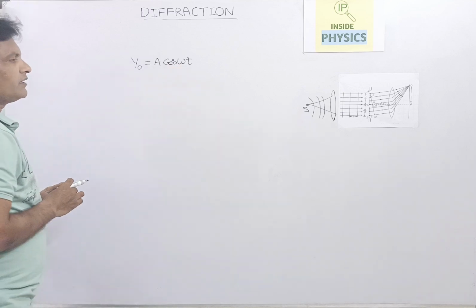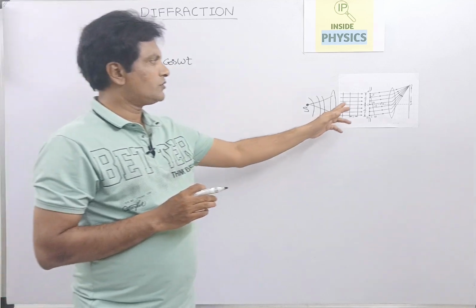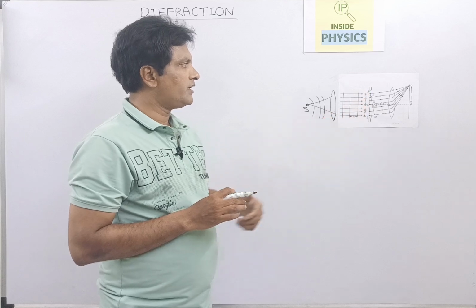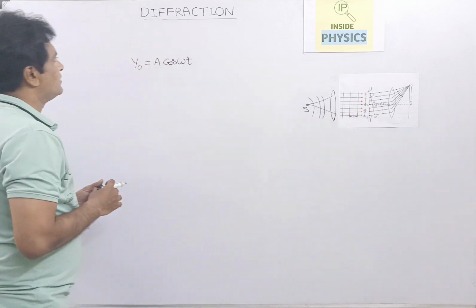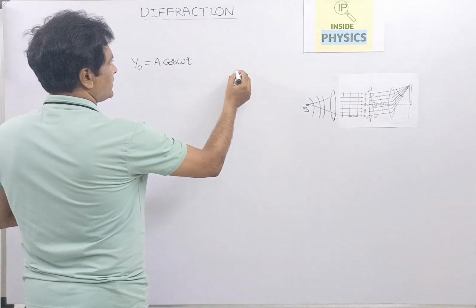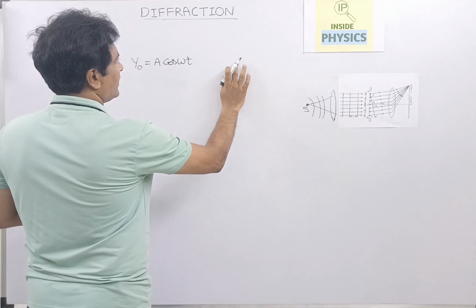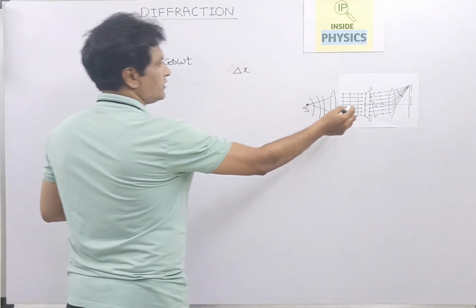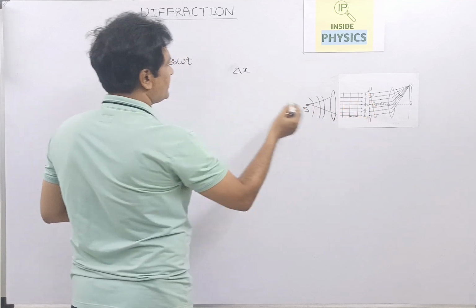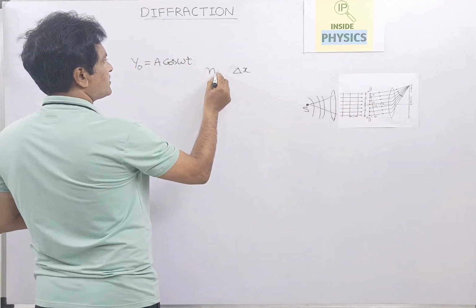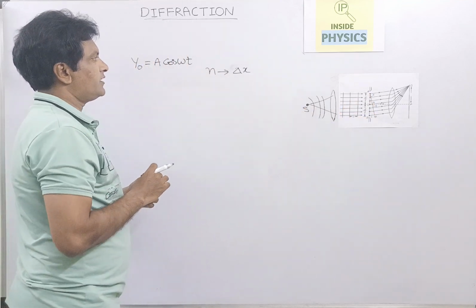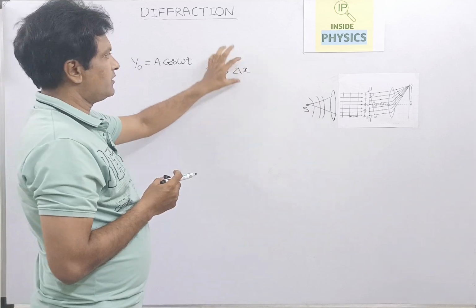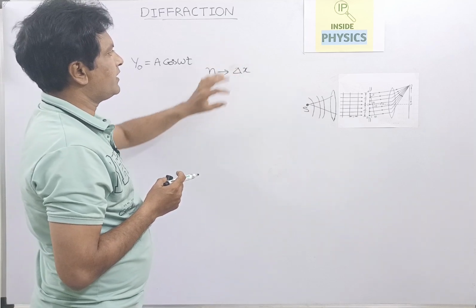When the plane wavefront is passing through this slit, which is divided into n equal strips, each strip has a width of delta x.